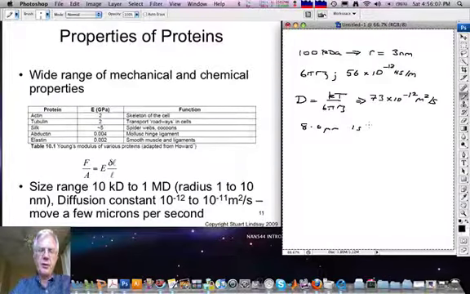In fact, diffusion in the milieu of the cell is very different from free diffusion. The concentration of proteins is on the order of 400 milligrams per milliliter, and in fact, many proteins are actively transported along tracks.